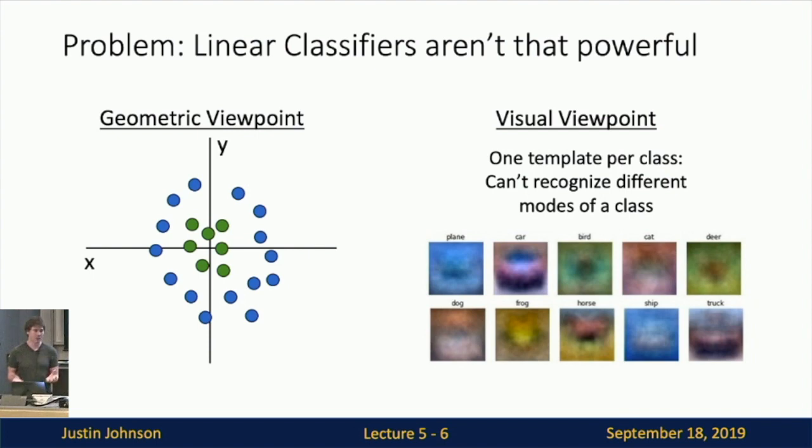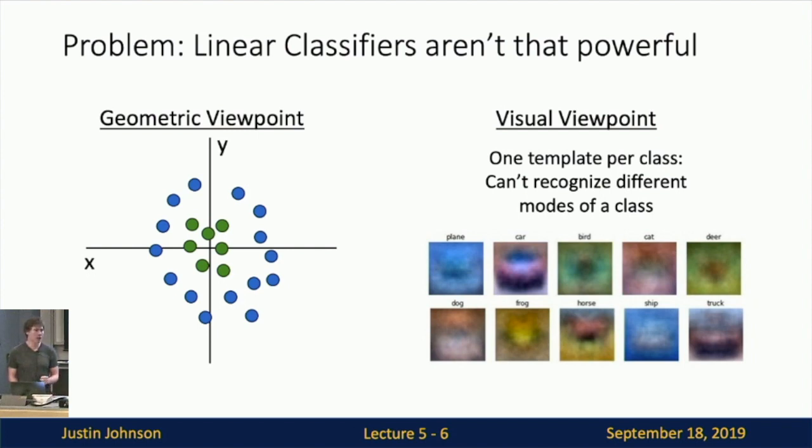When we thought about linear classifiers from the visual viewpoint, we had this notion of linear classifiers learning just a single template per class, and that therefore they were unable to represent multiple modes of the same object category. For example, we saw that in the horse template, it kind of blends the horse looking to the left and the horse looking to the right. And this is somewhat of a representational shortcoming in the linear classification model.